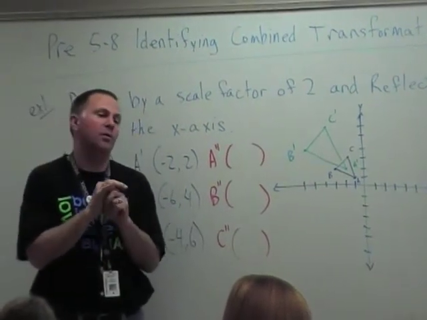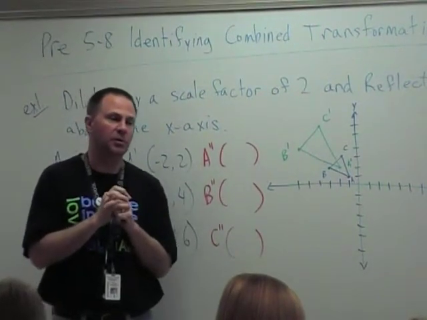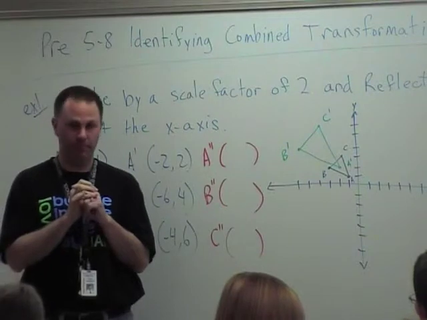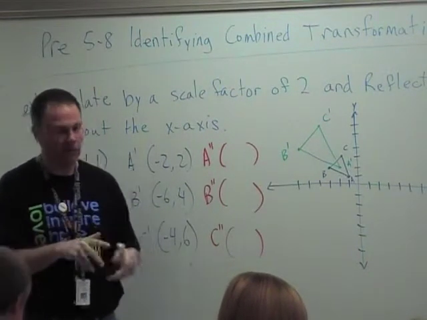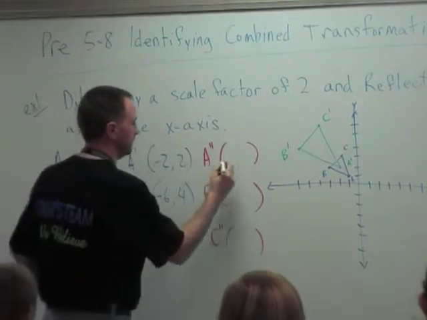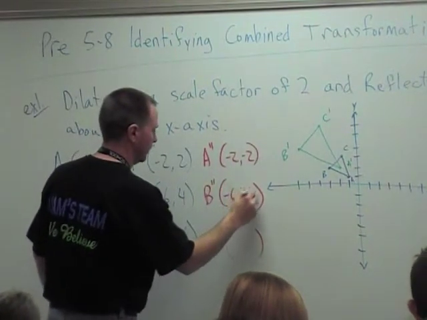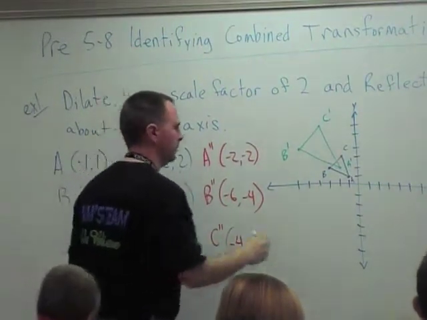What do you know about reflection about the x-axis before you give me the numbers? The y numbers are going to be the opposites. What about the x's? They stay the same. Okay, so what are they, Clay? -2, -2. Good? -6, -4. Very good. -4, -6. Excellent. And then you plot them.